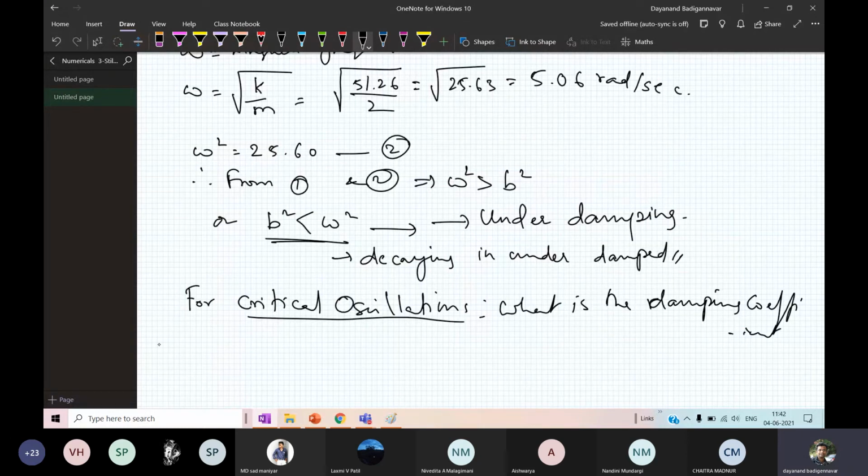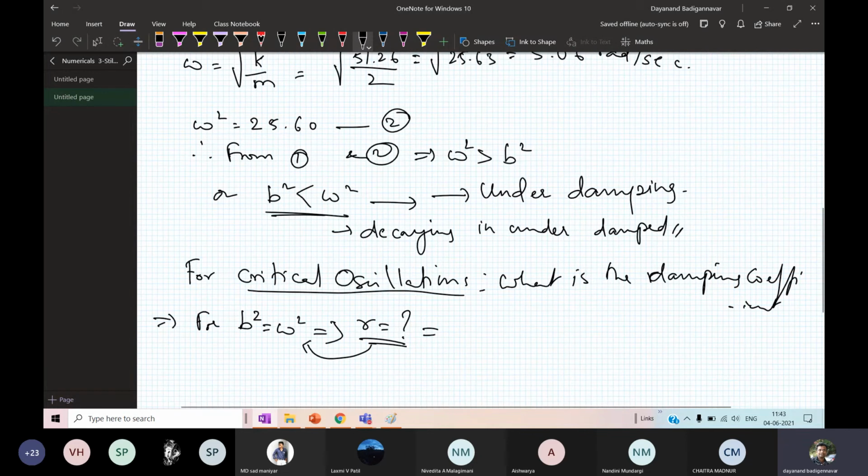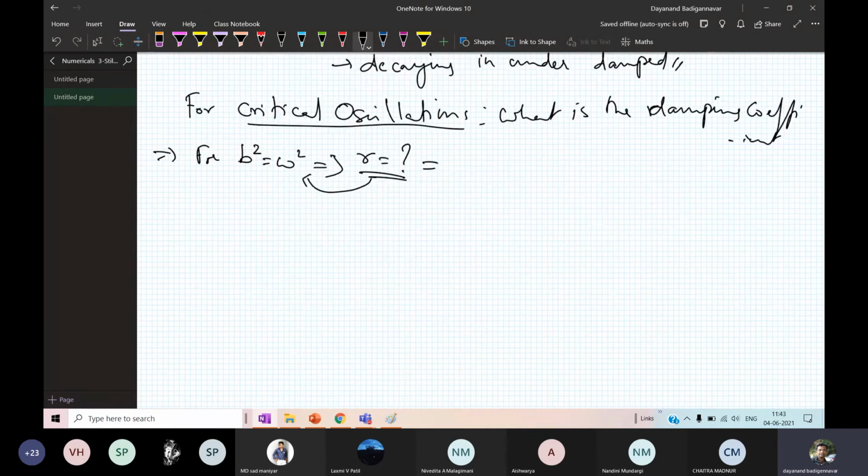That means for critical oscillations, for b square equal to omega square, what is the value of r? You getting the point? What should be the value of r such that there is a critical oscillation? You can find it from this formula.